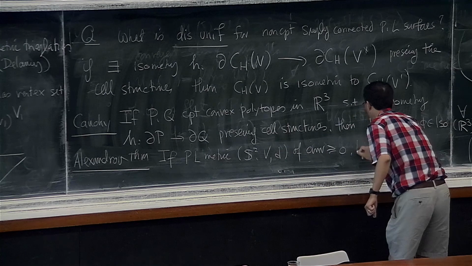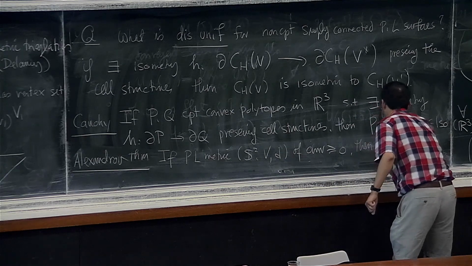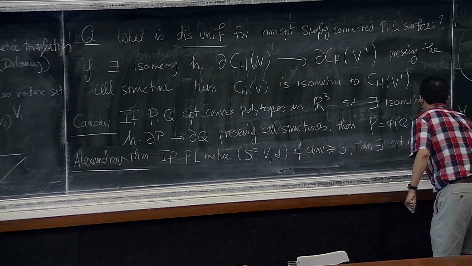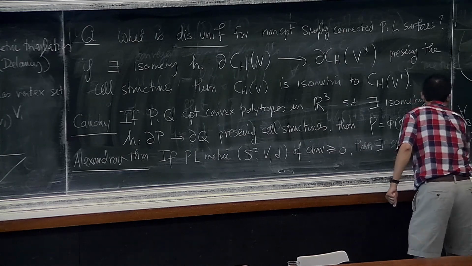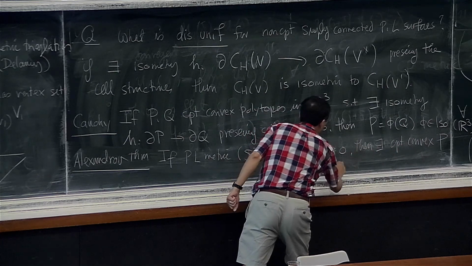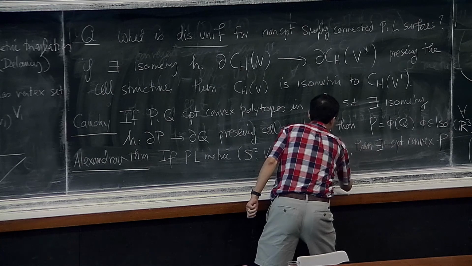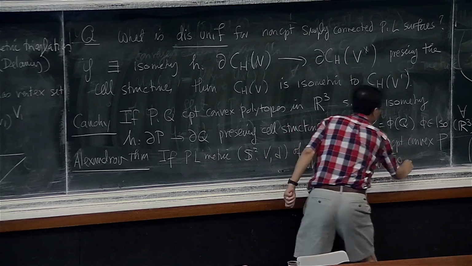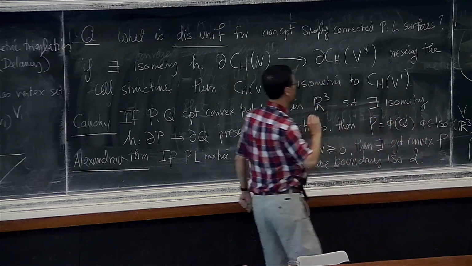So then there exists a compact convex polytope P whose boundary is isometric to d. Okay.